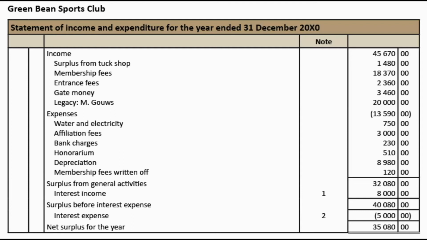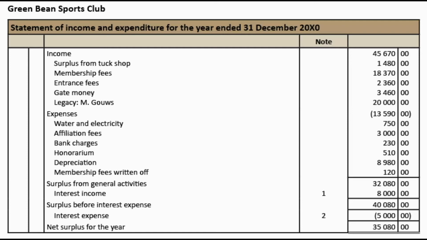So the two amounts we added up. On the credit side, we have income and expenditure, 750. So we credit water and electricity, debit income and expenditure. So the amount for water and electricity in that statement is 750.